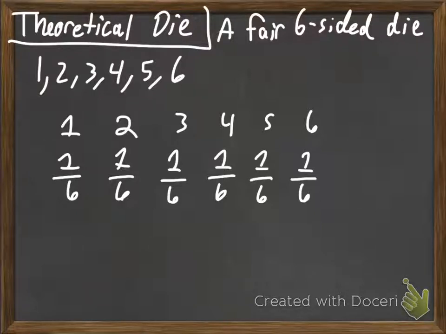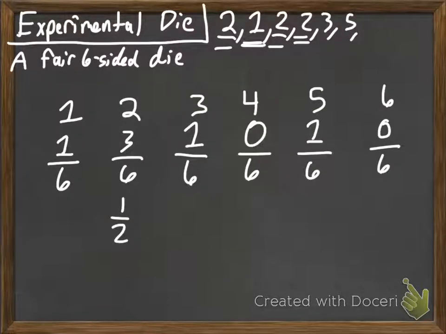We're expecting to get 1, and we got 0, so that's not too far off. Same thing with the 6 and 2. It's not very far off from 1, but it is half of the time, so that is a little bit wonky. So I would say that we are pretty close with our experimental and our theoretical probability here. If we'd gotten like 2 5 times, that would have been way off. But this is actually pretty close.